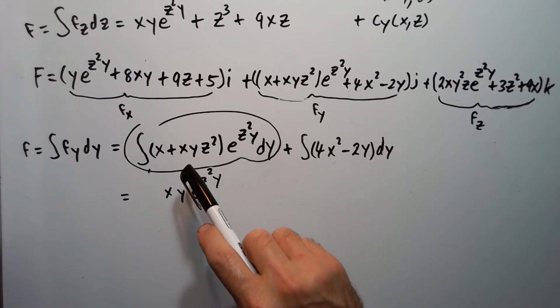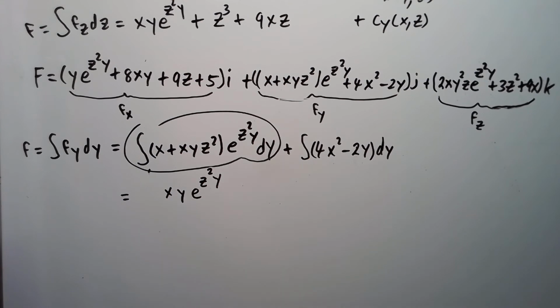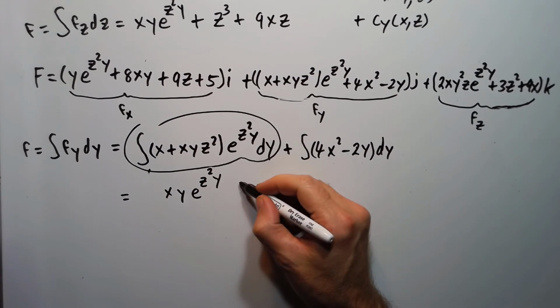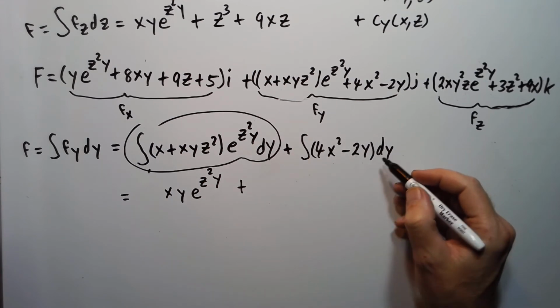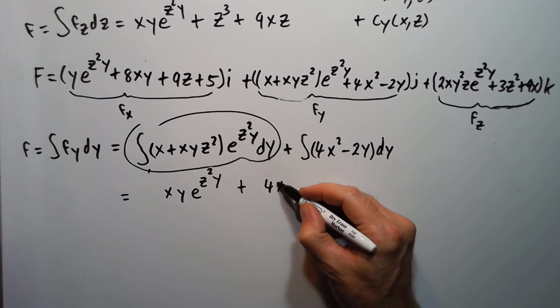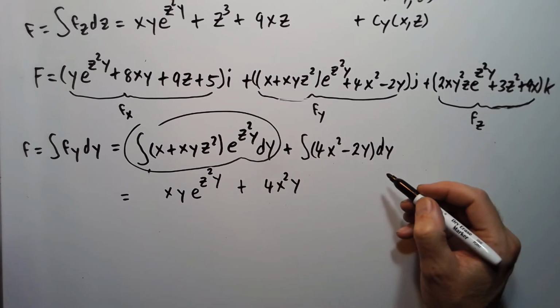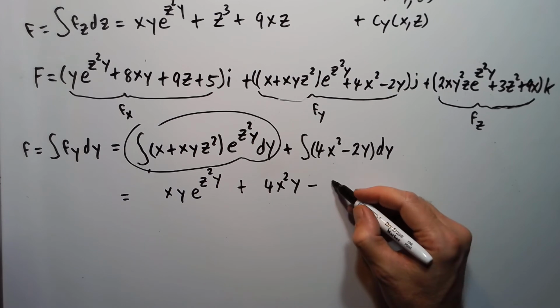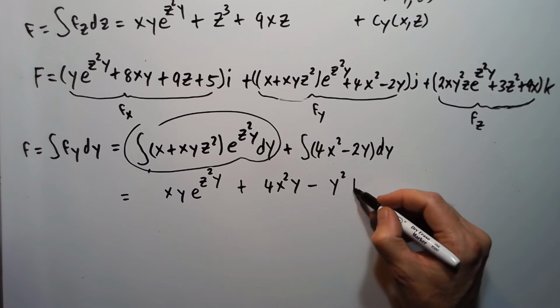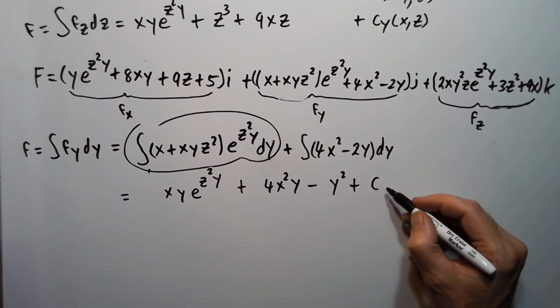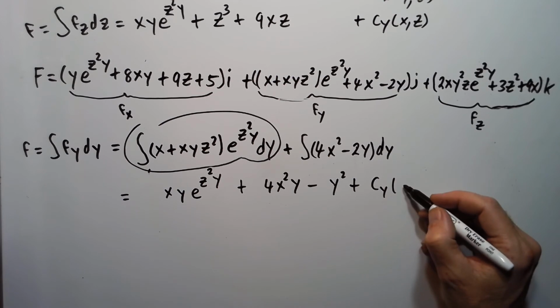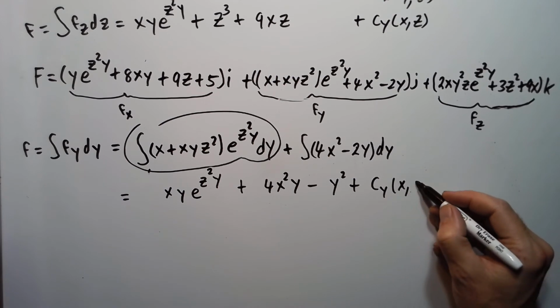So by integration by parts, the circle piece becomes this. We still have to integrate this guy, so it's going to be plus, integrating with respect to y, 4x squared y, minus integrating that will be y squared. Now plus the constant here would be a function of x and z.